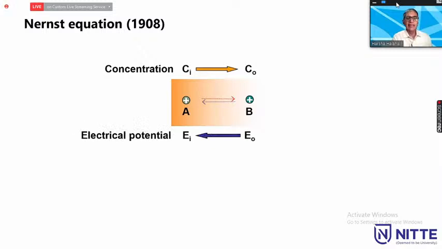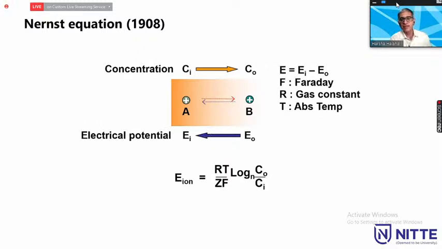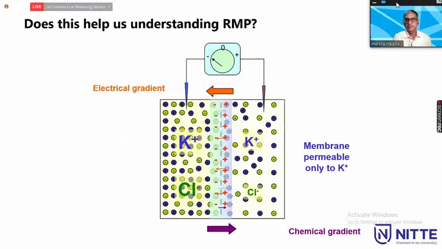So Nernst, way back in 1908, put all of this together and gave a very straightforward formula, which says that the electrical potential established across a membrane because of differences in ion concentration is determined by the concentration difference and the nature of the charge, positive or negative.